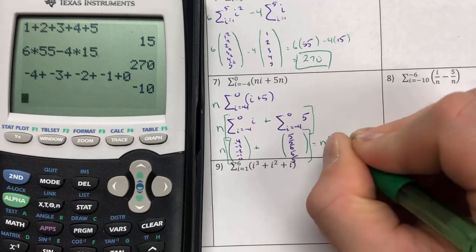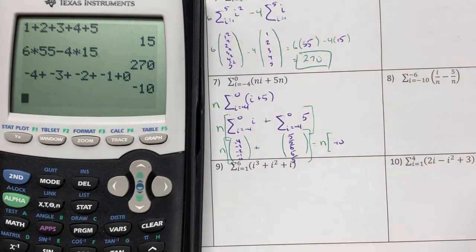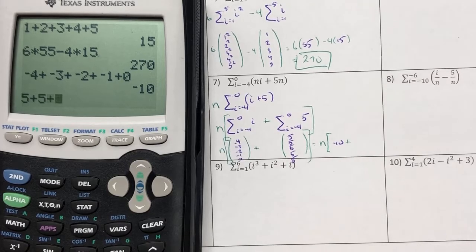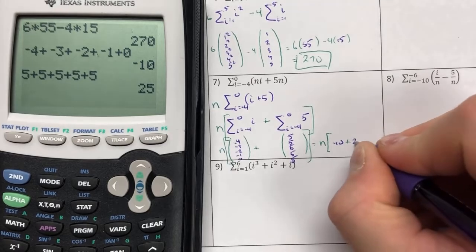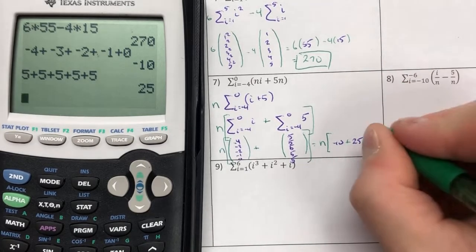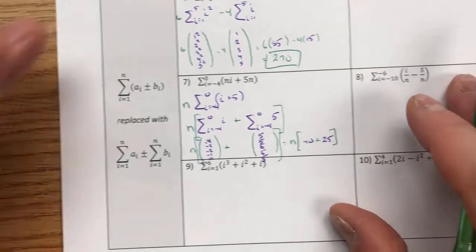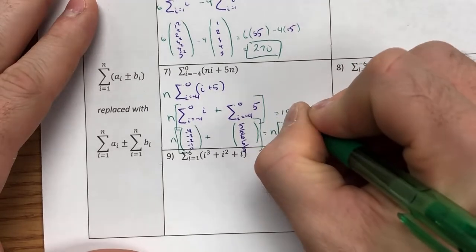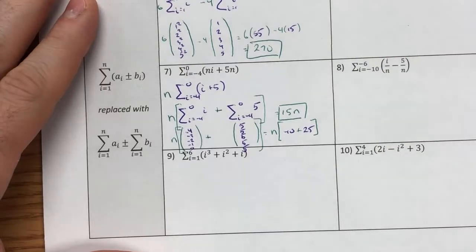So we have n times negative 10, plus, and we have 1, 2, 3, 4, 5 5s, which is going to be 25. Negative 10 plus 25 is going to be 15, and that will be 15n. There we go.